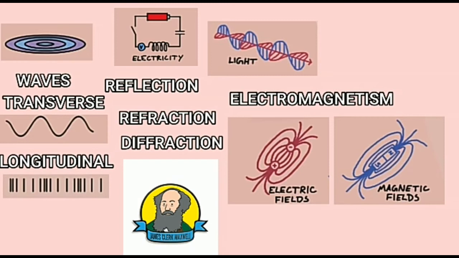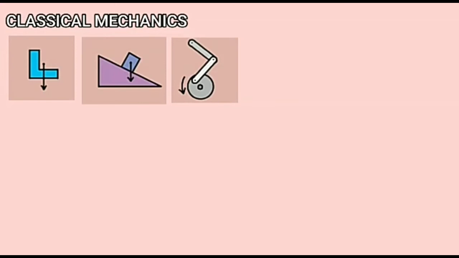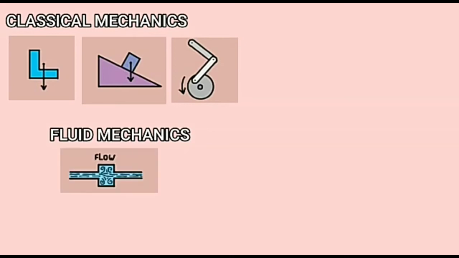Jumping back a little bit, classical mechanics is related to Newton's laws and covers the properties and motion of solid objects, how they move when forces hit them, what happens when they are joined together, like in gears or buildings, or bridges. Fluid mechanics is the description of the flow of liquids and gases.